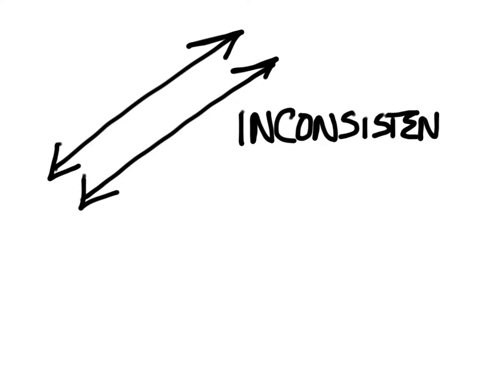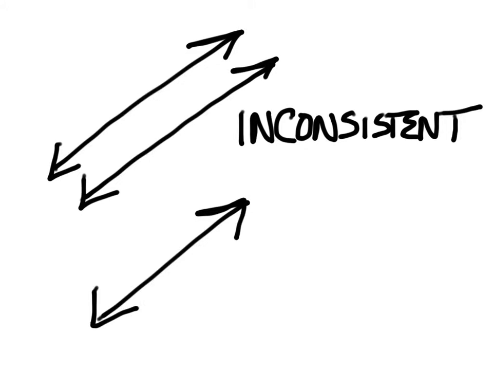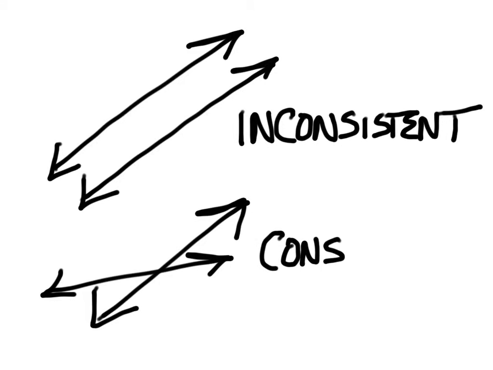If you have two lines that do not intersect, they can be described as being inconsistent. If you have two lines that do intersect like this, they are consistent.